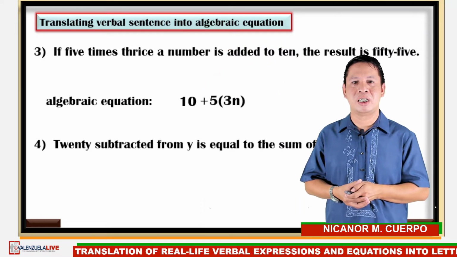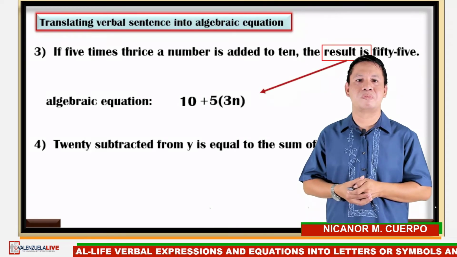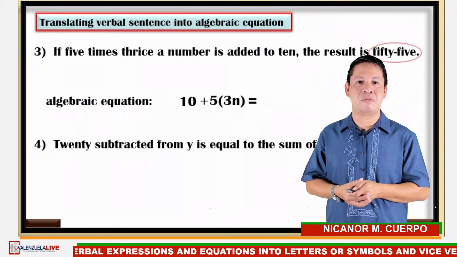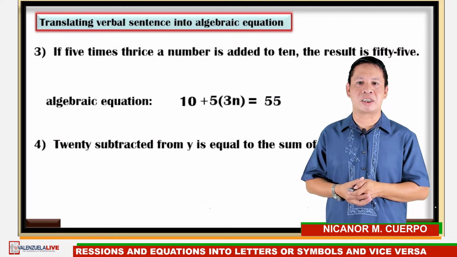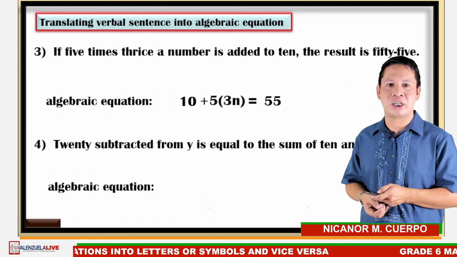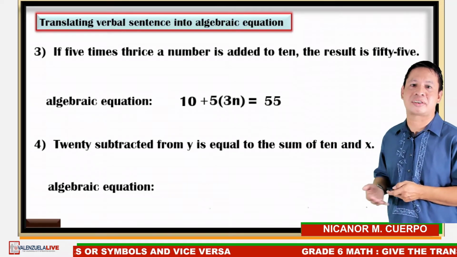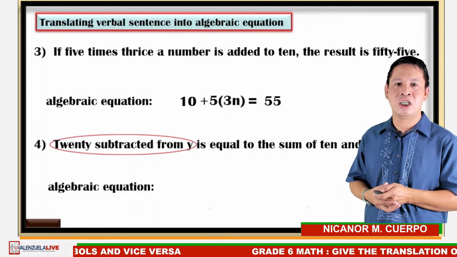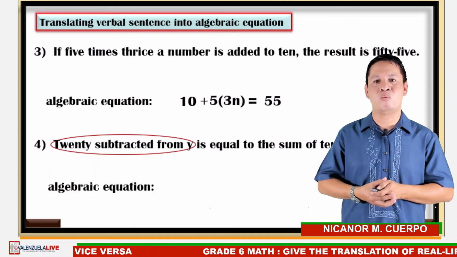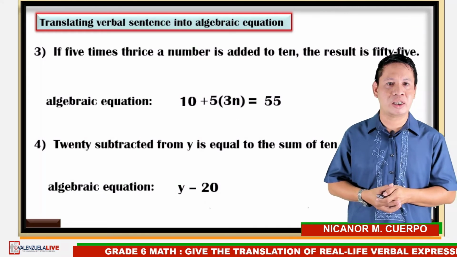So, 10 plus 5 and 3n equals 55. Next, 20 subtracted from y is equal to the sum of 10 and x. So, 20 subtracted from y, that is y minus 20.